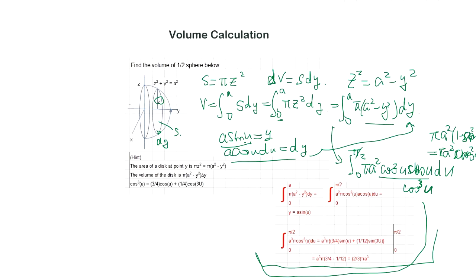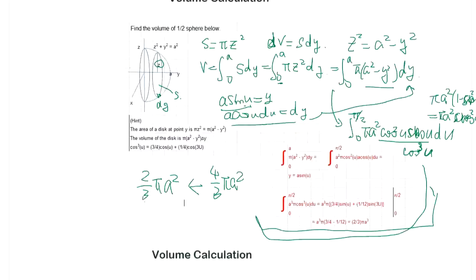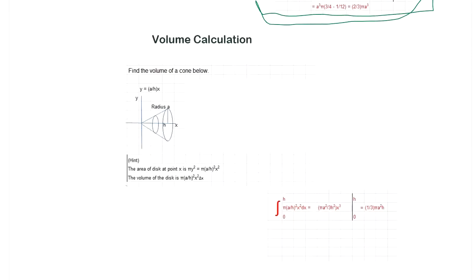So you get 2/3 pi a square, which is a half of 4/3 pi a square, right? So half of a sphere, that's the volume. This is how you calculate the volume. Volume calculation, we use the same technique here.